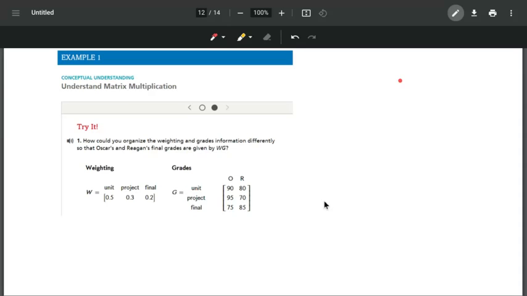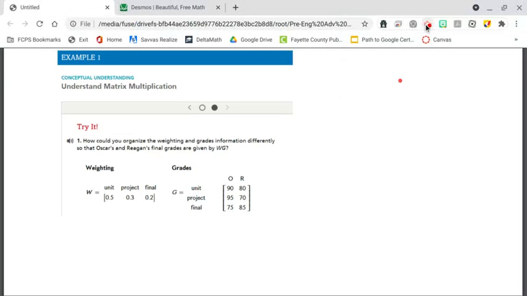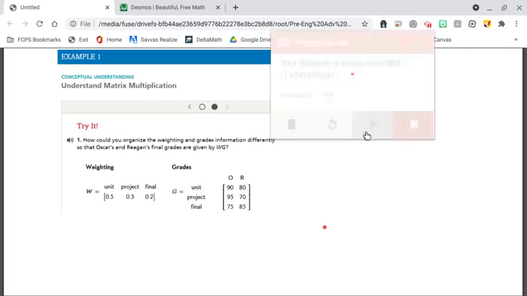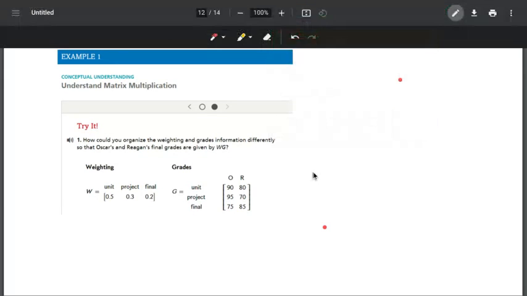We have example 1. How could you organize the weighting of grade information differently so that Oscar and Reagan's finals could be given by W times G? So we've got 2 students, Oscar and Reagan, and we have a list of their grades.